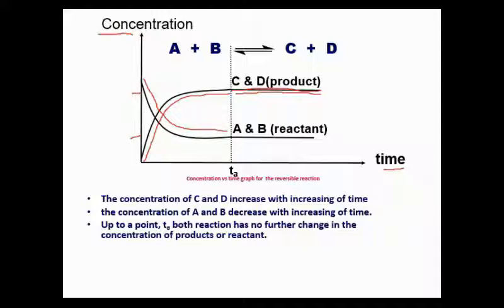So at equilibrium, the concentration of products or reactants has no further change anymore. It becomes constant. So at this point, we say that the system is in the state of equilibrium. The system had reached equilibrium at time tA. So this is how the concentration against time graph works to explain equilibrium in a reaction.